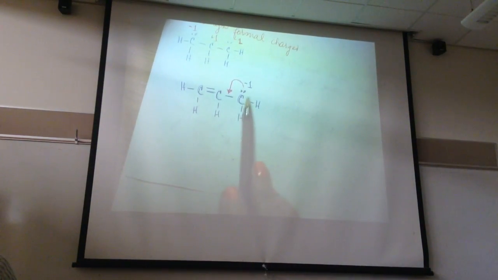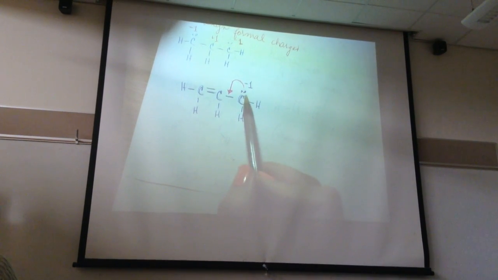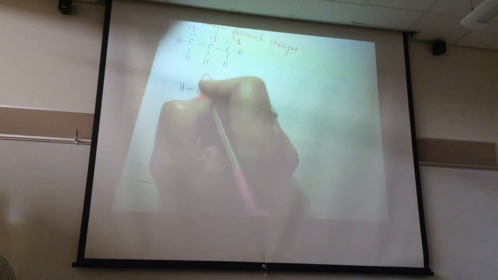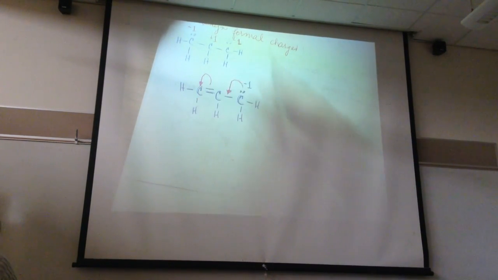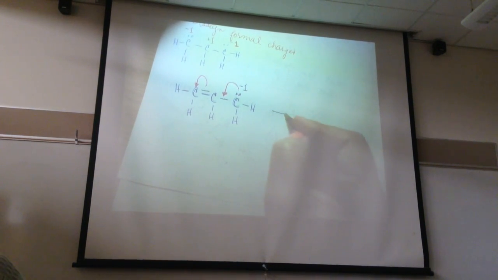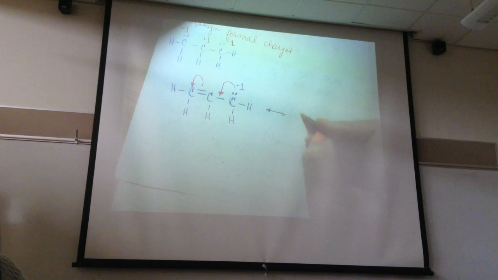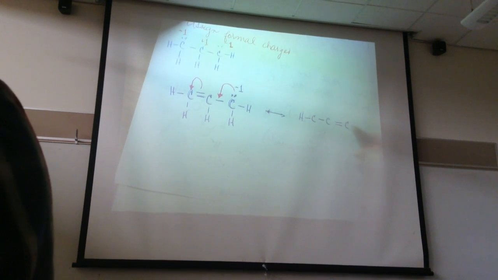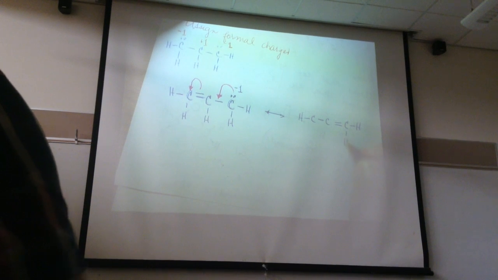The region of high electron density is the atom that had that extra electron. Arrows go from that lone pair to form the pi bond. The pi bond moves here. Okay? When I draw the other structure, it now looks like this, where you have the carbon, the double bond, like so.